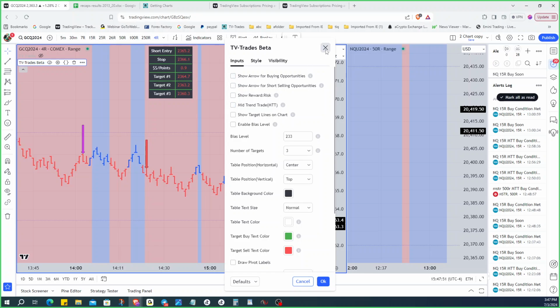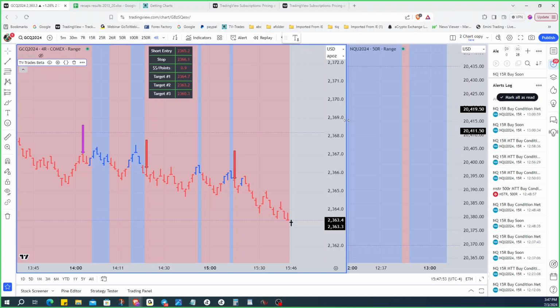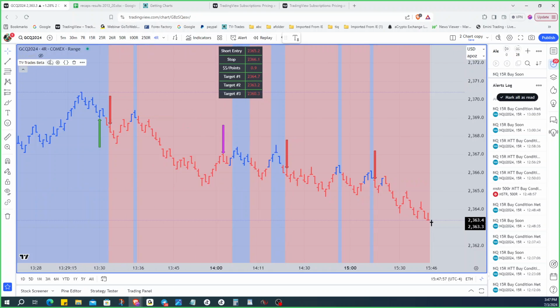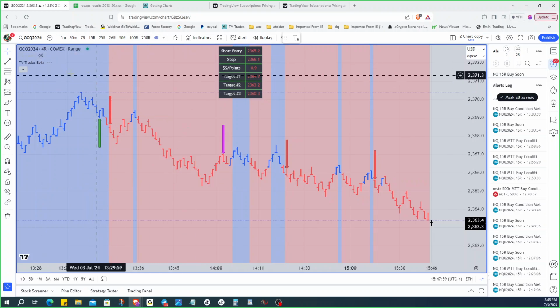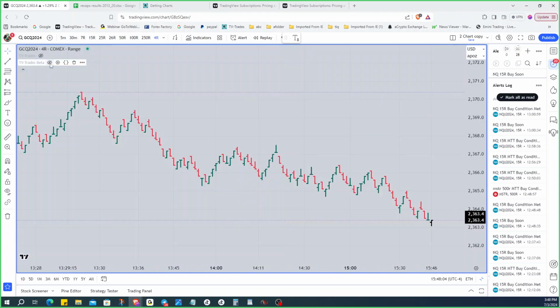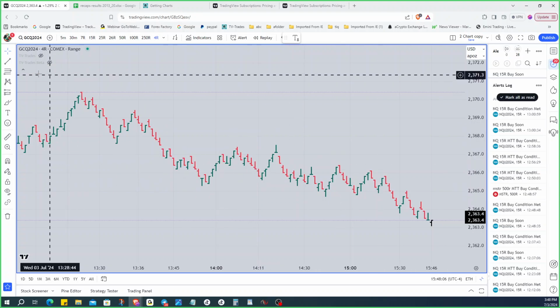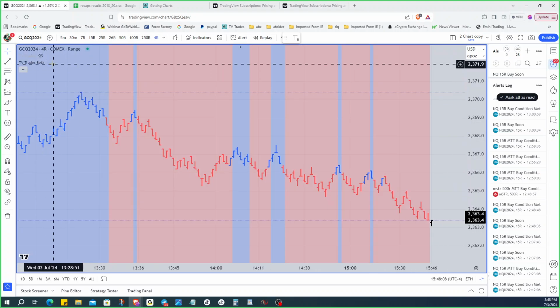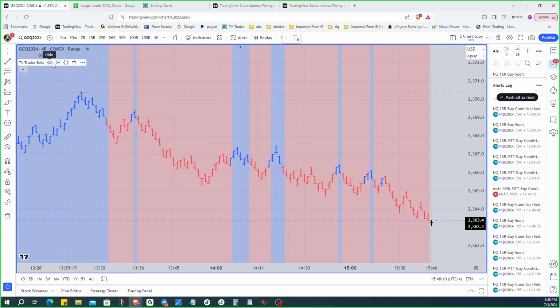Okay. So, by default, your chart's going to look like, once it finishes undoing everything that I just undid, it's going to look like this. Alright, and then when you put the TV trades on, this is the beta version.